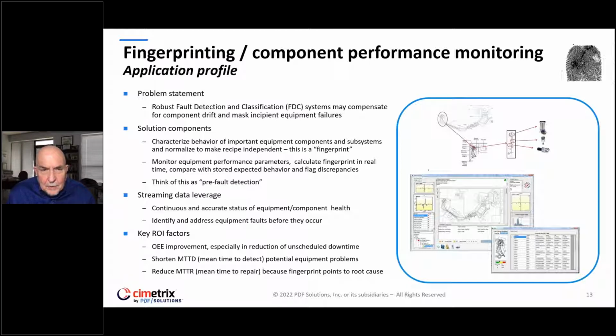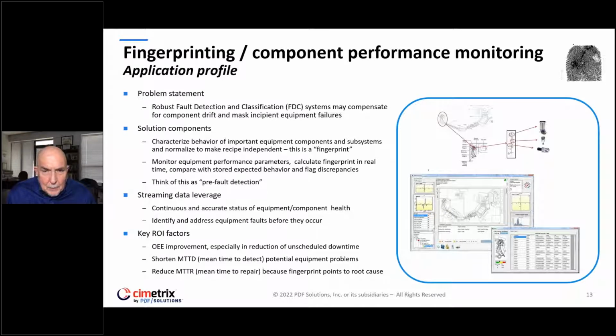But the basic concepts were that the assumption being that if you monitor all of the important subsystems of a piece of equipment, whether it's power generation, vacuum control, temperature, pressure control, all these things, if those subsystems are working tightly within their spec limits and operating envelope, then in aggregate, if the recipe's right, the tool should be working right as well.